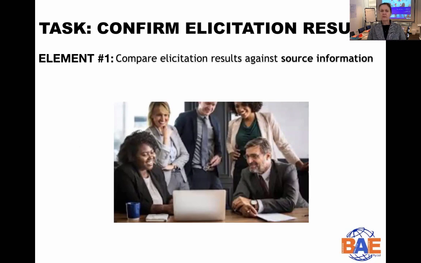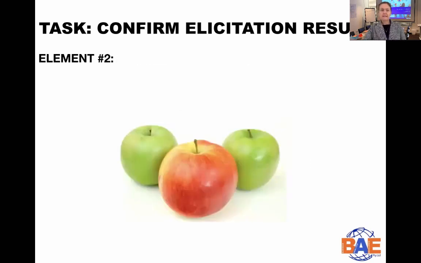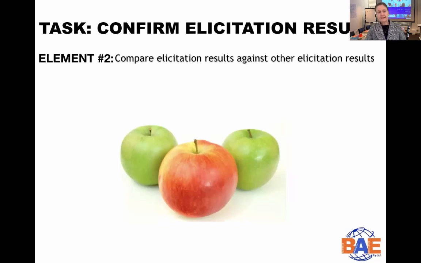Just go and make sure that your requirements that you've captured is in fact what was intended and is well understood. And the second element here is you can compare your elicitation results against other elicitation results.